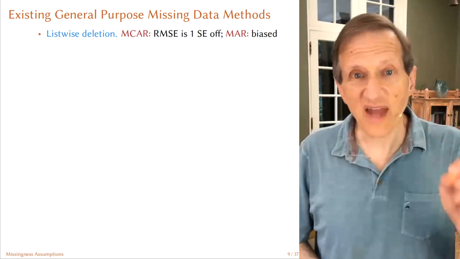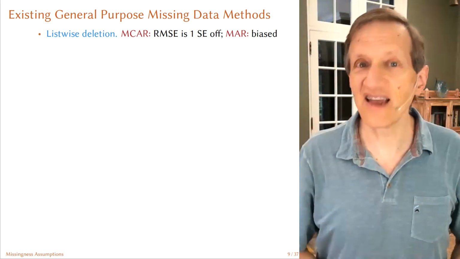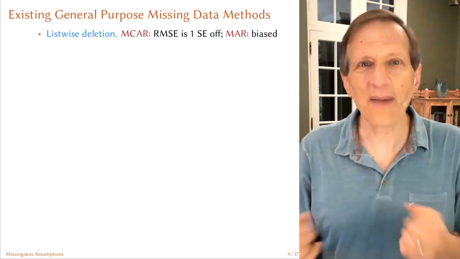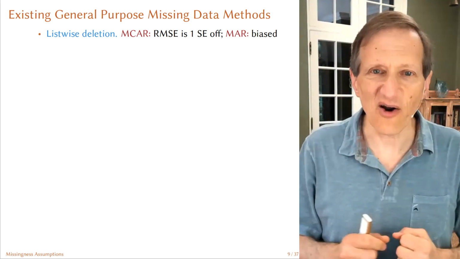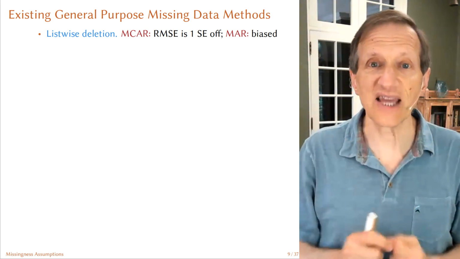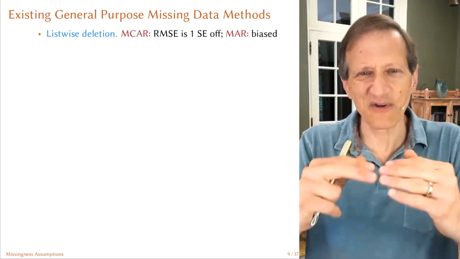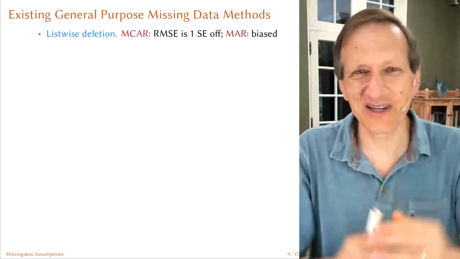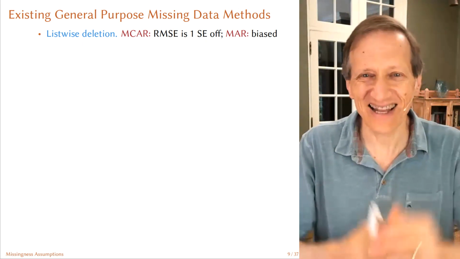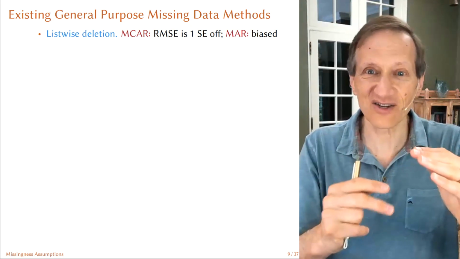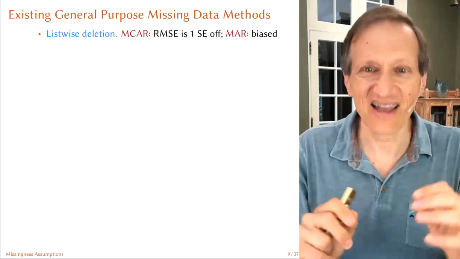So what we figured out was, let's suppose MCAR applies, which is basically the best case for list-wise deletion. What happens is the root mean square error is off by about a standard error. And if you think that, roughly speaking, we want to get our coefficients up twice our standard error so we can say they're significant or something like that, and you lose one of those just from choosing list-wise deletion, that's really bad, okay?